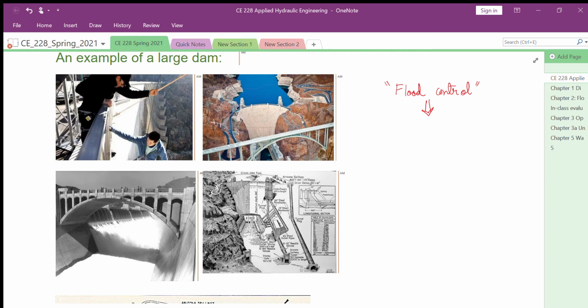So the term flood control, there's a better alternative these days, and that's called flood risk management.